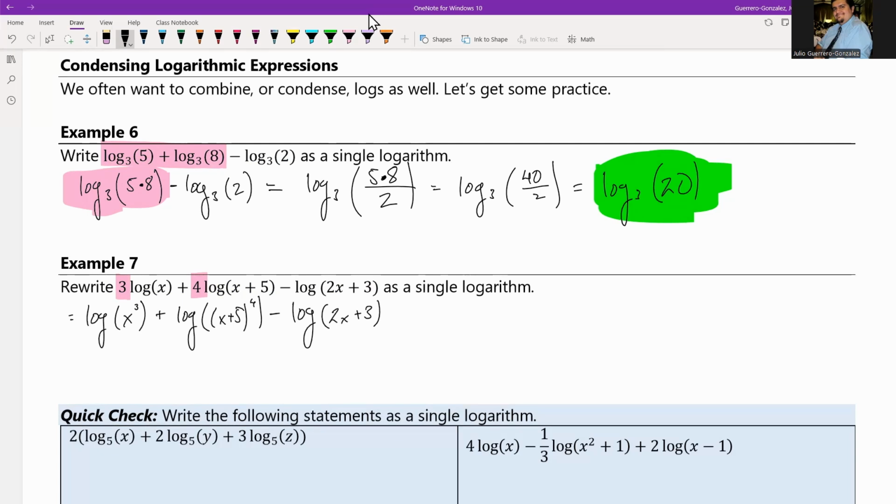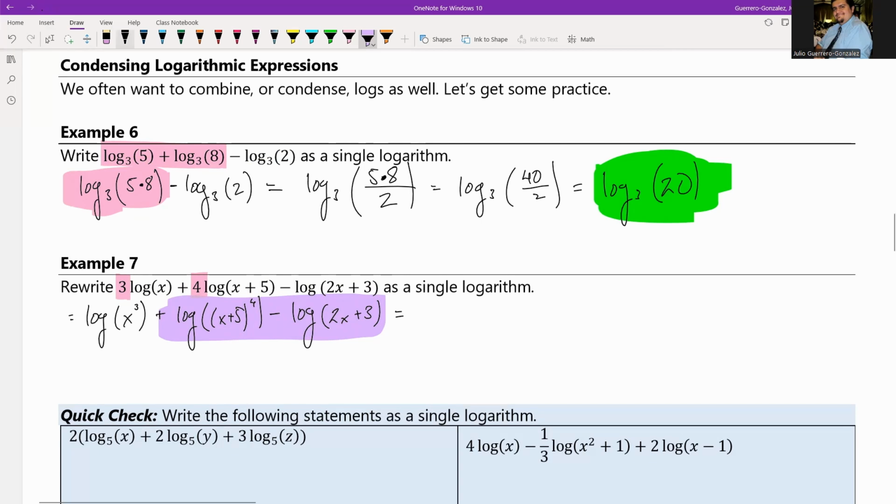Got it? Okay. So now, next thing, these two. Actually, no. I want to do these two first to show you guys that I can do these in any order I want. So I'm going to grab these two. Since it is a subtraction in between, I can turn this into a division, the first one divided by the second one.